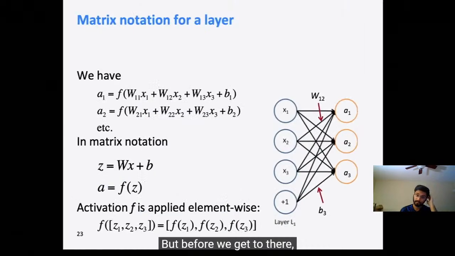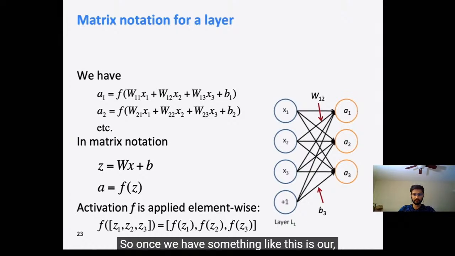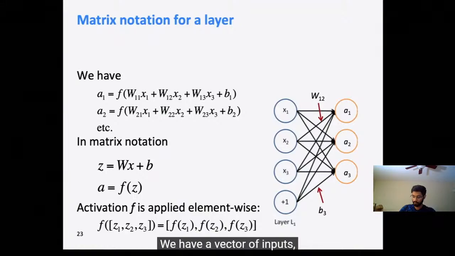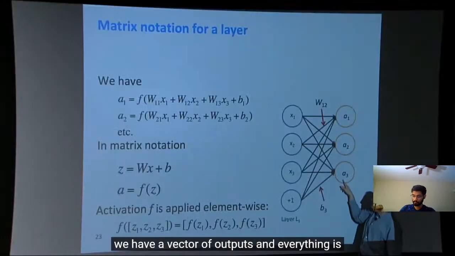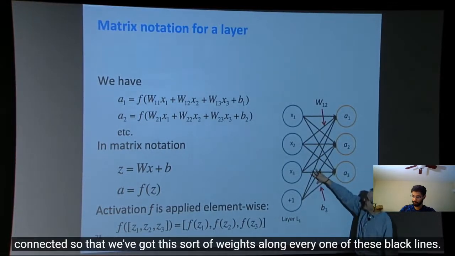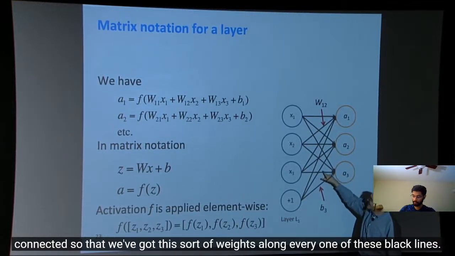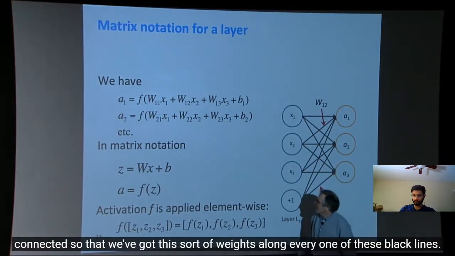But before we get there, just to underline it again: once we have something like this as a layer of a neural network, we have a vector of inputs and a vector of outputs, and everything is connected, so we've got weights along every one of these black lines.